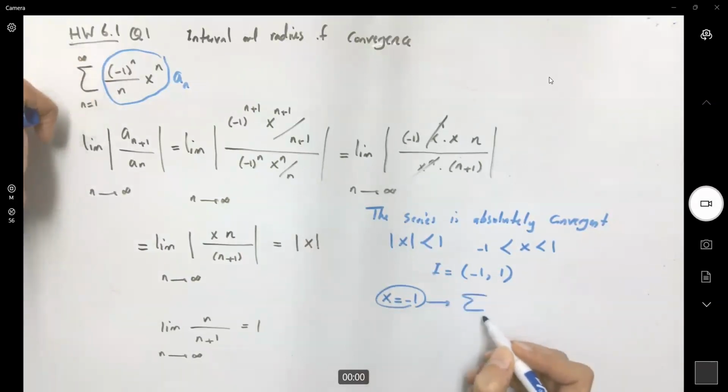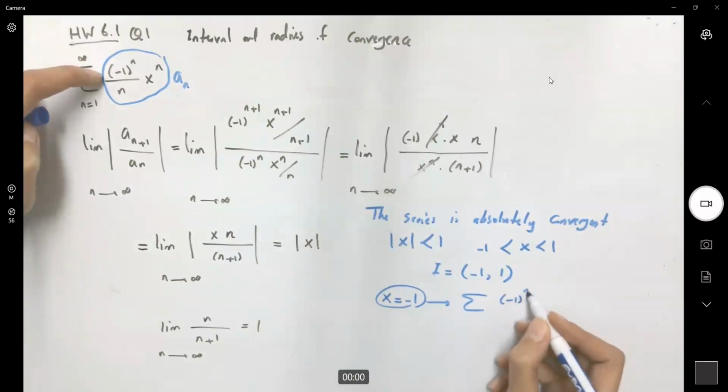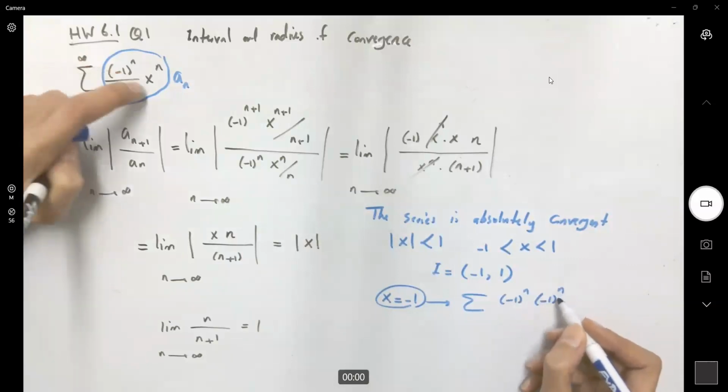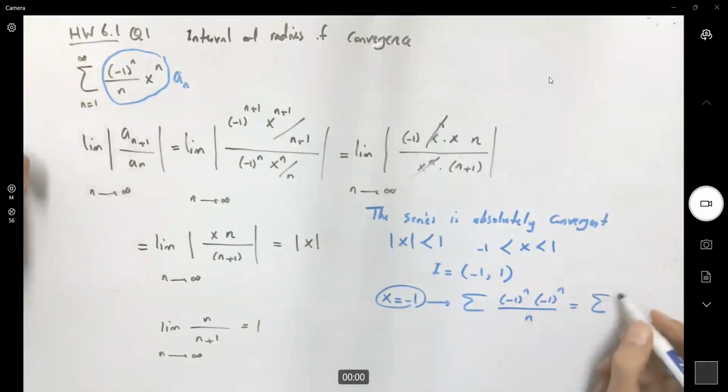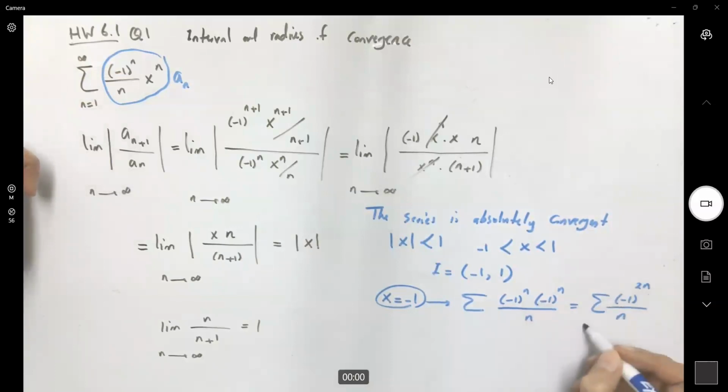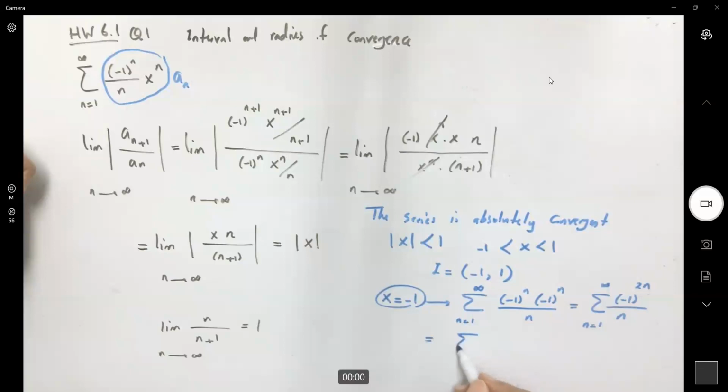This series becomes the series of (-1)^n times (-1)^n, instead of x we use -1, divided by n, which is the series (-1)^(2n) divided by n, starting from 1 and going to infinity. As you can see, if you plug -1 into the power series, you get the series 1 divided by n, and as we know, this is a divergent series.